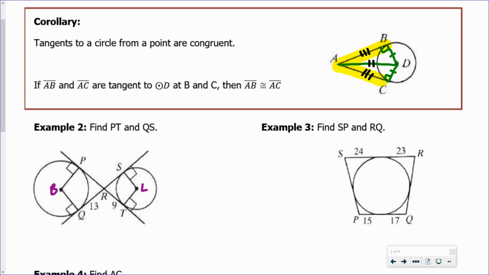Now the same thing can be said for SQ. So SQ is going to be a tangent to B and L, and PT is going to be a tangent to B and L as well.